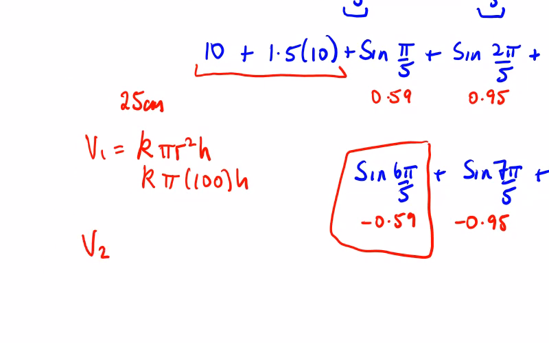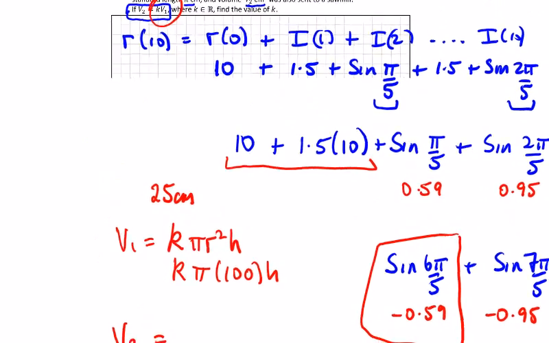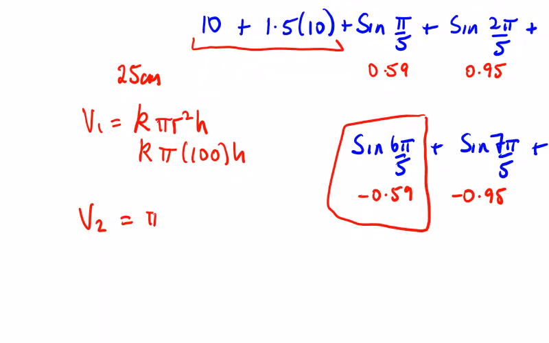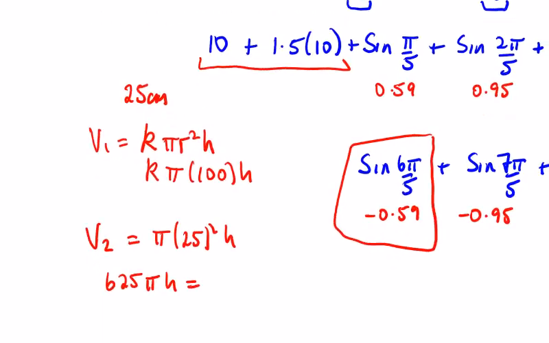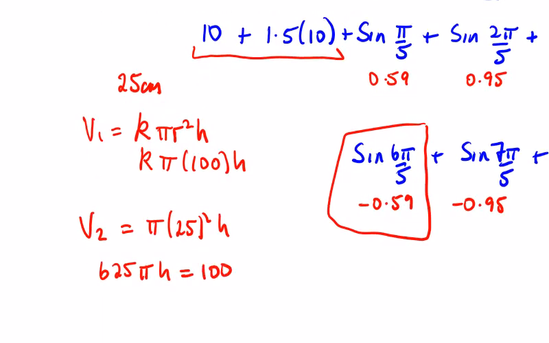And volume 2, the radius is 25, and it's just volume 2 on its own, so pi by 25 squared by h, so 625 pi h will be equal to 100 pi hk. So k on its own, cancel your pi h's. 625 divided by 100 is 6.25. So quite a tricky one, I think, that last part of that question.